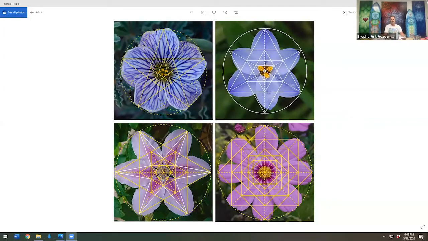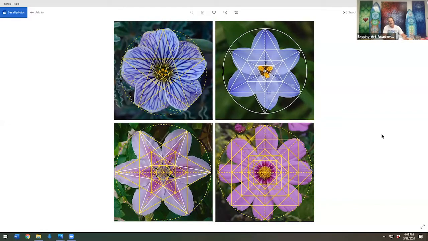Okay, great. That's something. So this just shows you a good idea of breaking down different flowers. Flowers are very symmetrical, and you see all these beautiful patterns that come out of this. A lot of these are derived directly from the Flower of Life. And when you scale it, I'll show you how to do that.